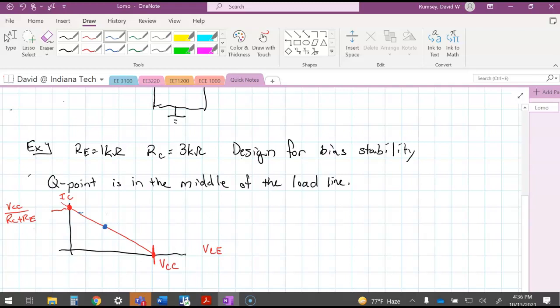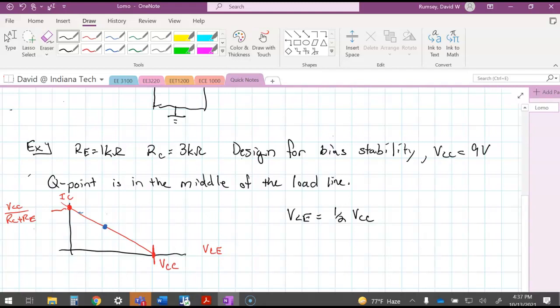So our first design parameter that we set, which is usually very easy to do, is that VCE is going to be 1/2 our power supply. For our example here, I didn't specify a power supply, so let me add that into my specs: VCC is 9 volts.